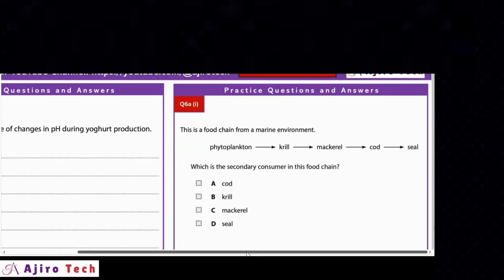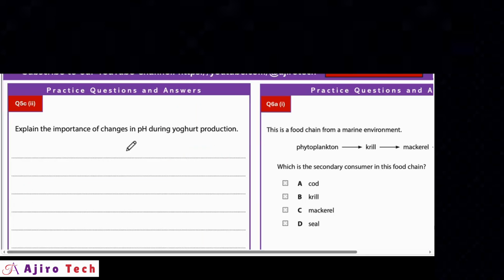Okay, so the next question is to explain the importance of changes in pH during yogurt production. Milk normally has a pH of maybe 6.7 to 7, about neutral.